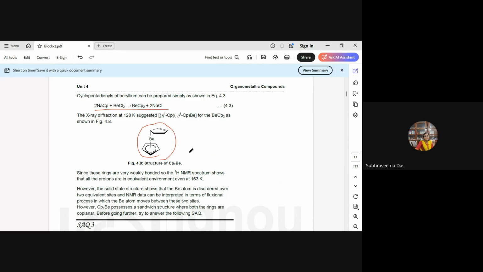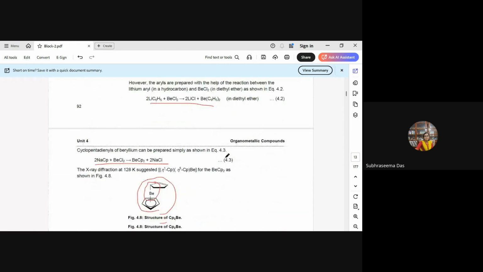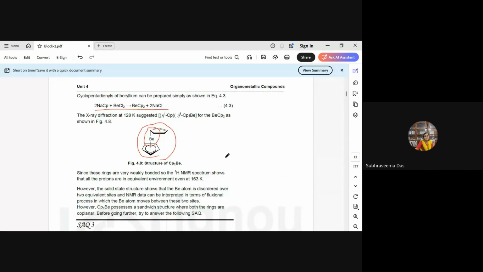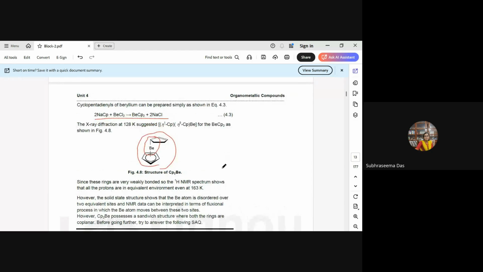Since these rings are very weakly bonded, the beryllium is sandwiched between the two cyclopentadienyl groups, and that is why such compounds are called sandwich compounds, particularly beryllium sandwich compounds, and these are very common in beryllium chemistry.